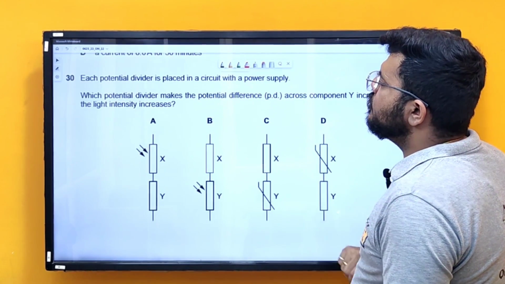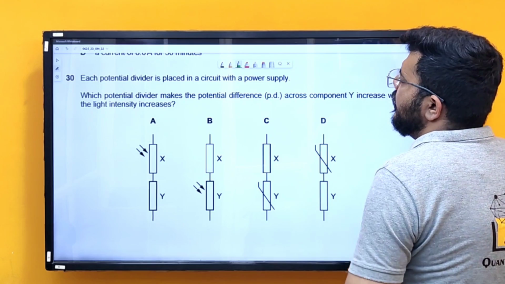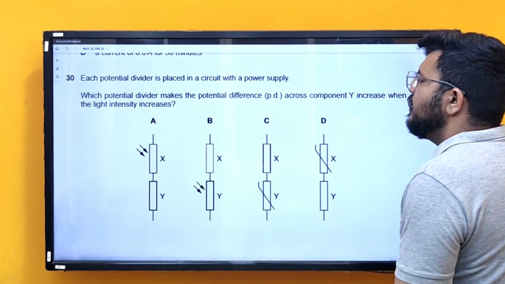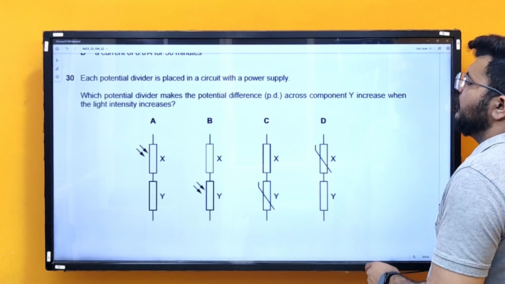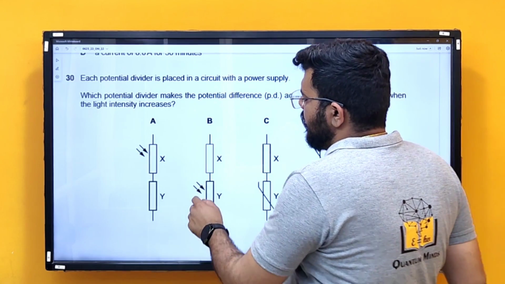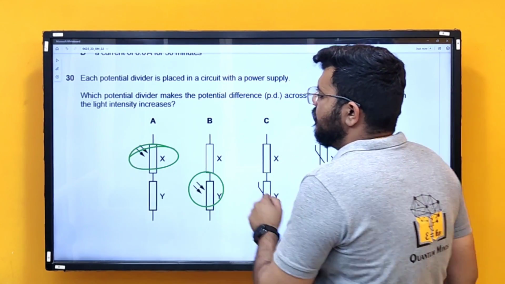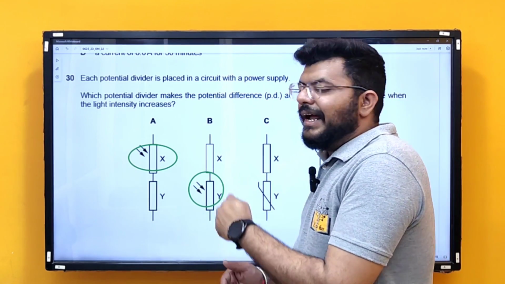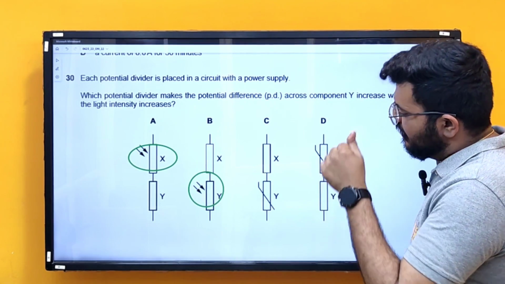Then we have: each potential divider is placed in a circuit with a power supply. Which potential divider makes the potential difference across component Y increase when the light intensity increases? These are light dependent resistors. If light intensity increases, the resistance decreases.